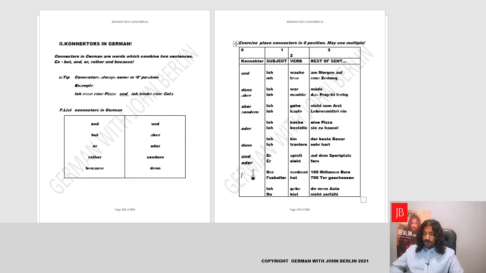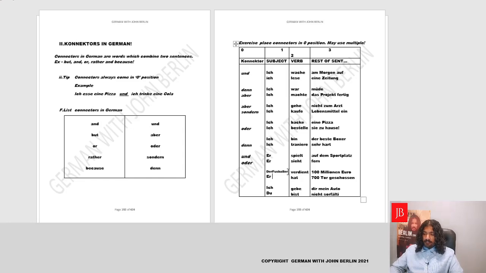Fantastic. Moving forward, let's talk about this sentence. Der Fußballer, let me write it in one sentence. Moment. It's somehow come out to be in two. Der Fußballer verdient 100 Millionen Euro. The footballer earns 100 million euros. Yes. And then I could write, er hat 700 Tor geschossen.